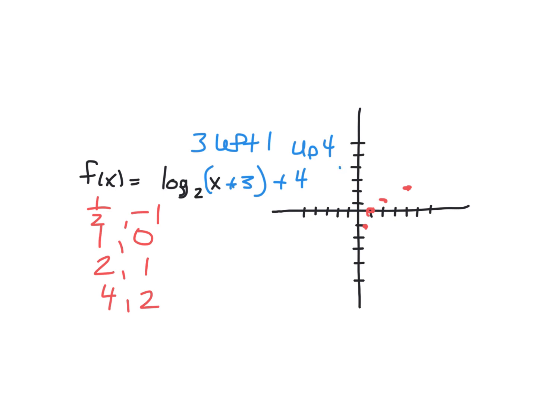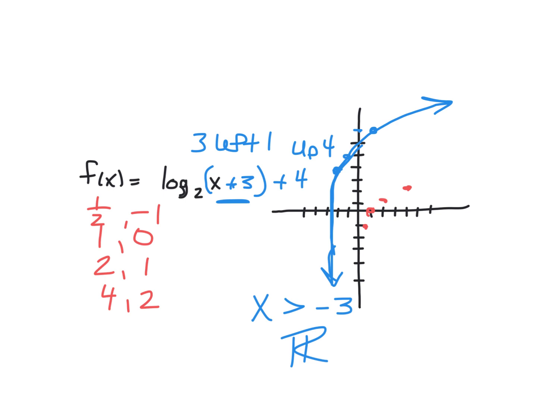So moving these points, each of those left 3 and up 4. This graph is going to get closer and closer to -3. So the graph will have this shape. The domain is going to be x is greater than -3, and again, the range would be all reals.